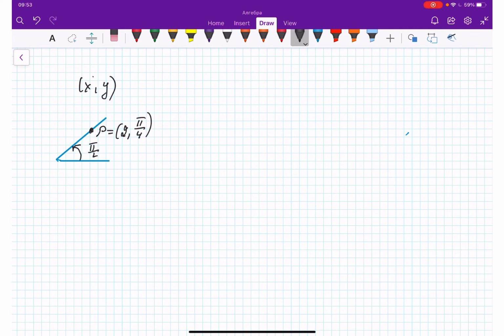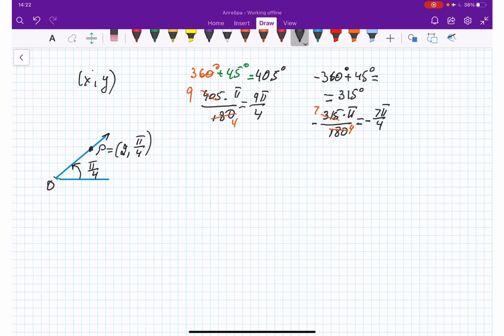This is our pi over 4, and this is our distance 2.